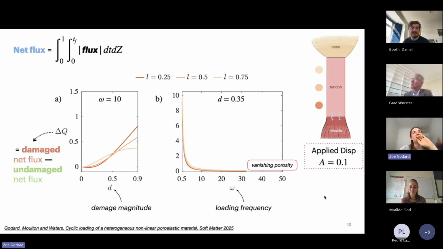I really don't have an answer. The question that has come up is, oh, should we do poroviscoelasticity? But that sounds awful. But viscoelasticity instead of poroelasticity, I'm not sure.